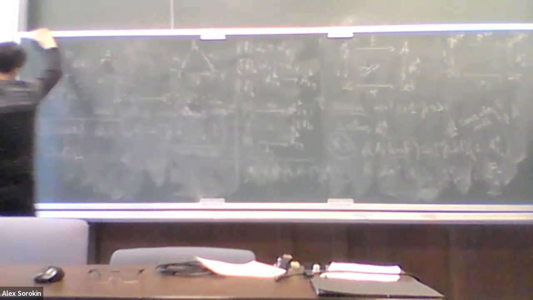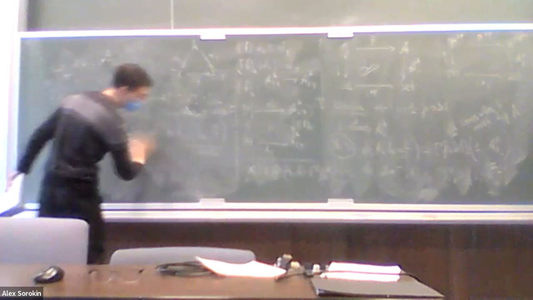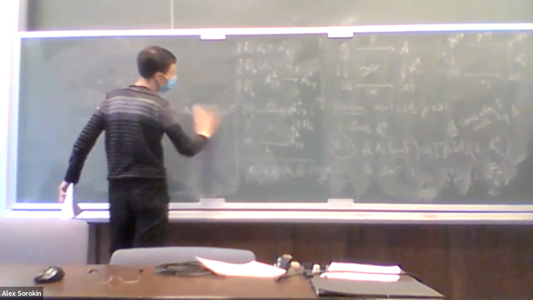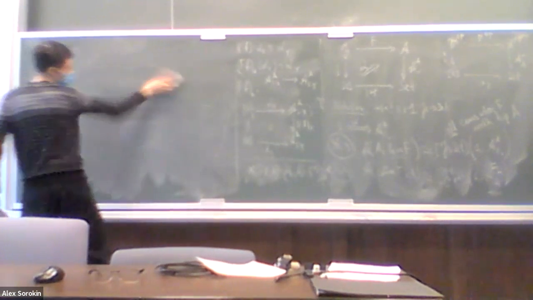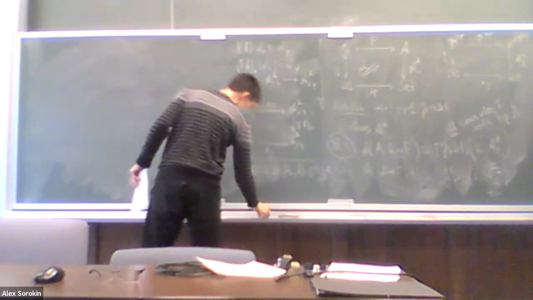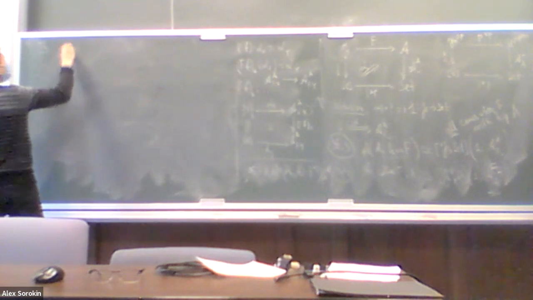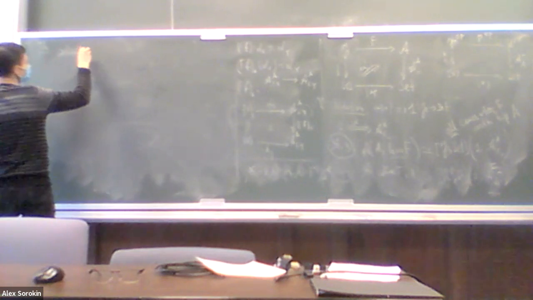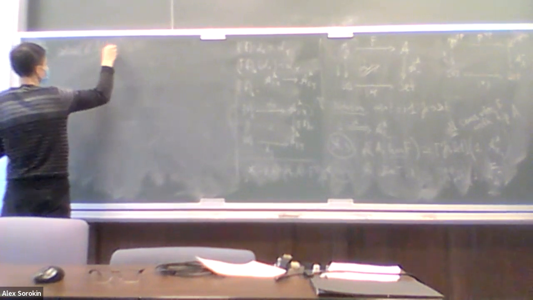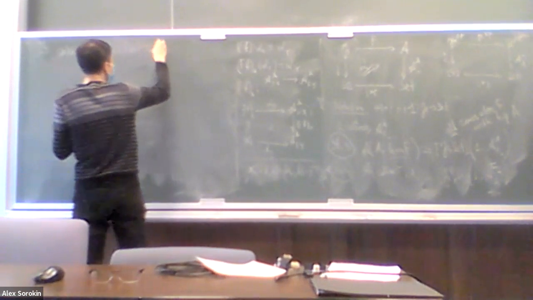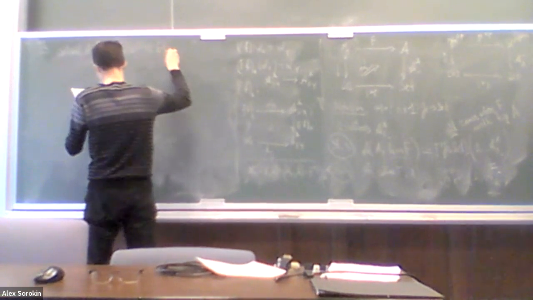Well, and to make things a little spicy, I believe they are already so spicy, but I want to make them even more. I will say that there is a theorem that tells that the limit of a functor F from a category to the category of sets can be computed as connected components of the category of elements of this functor.